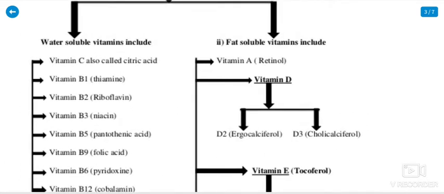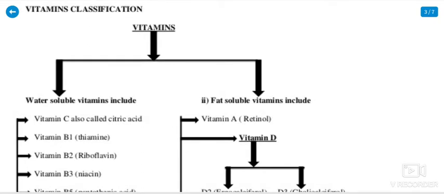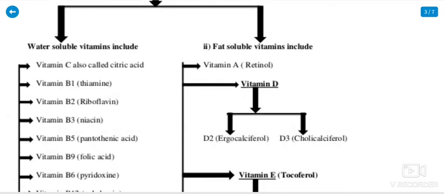The second classification is fat soluble vitamins. They include vitamin A, which is retinol. It comes directly from sunlight in the early morning, so you have to receive sunlight in the early morning, and your skin will be glowing.